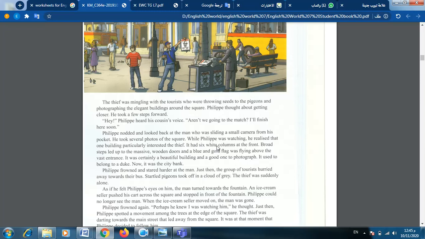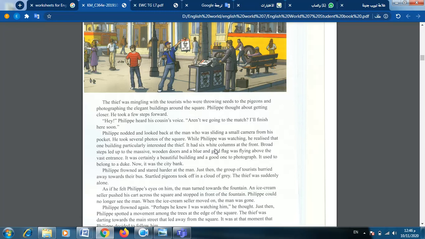While Flippy was watching, he realized that one building particularly interested the thief. Flippy noted that the thief was interested in one building. He looked at this building carefully.